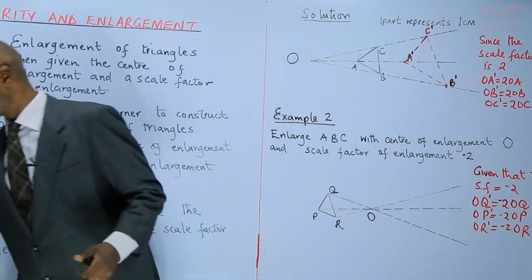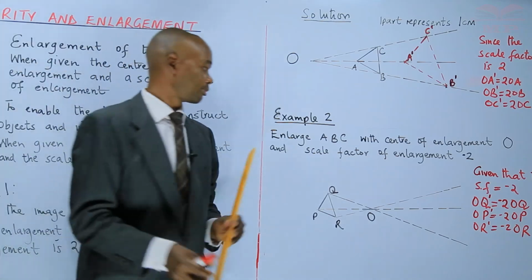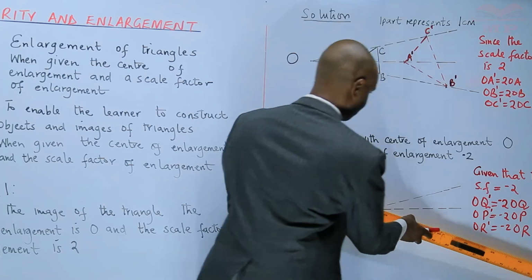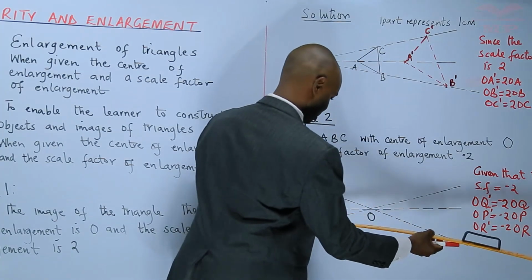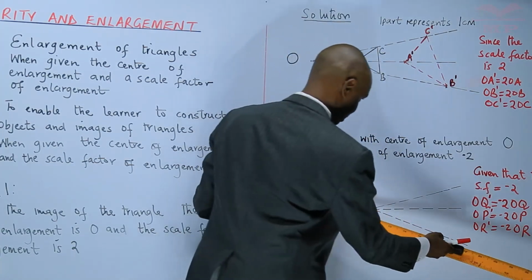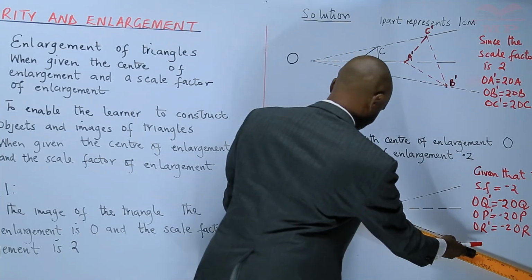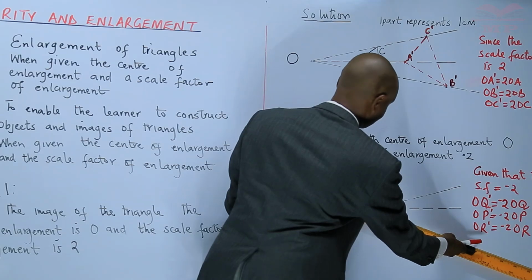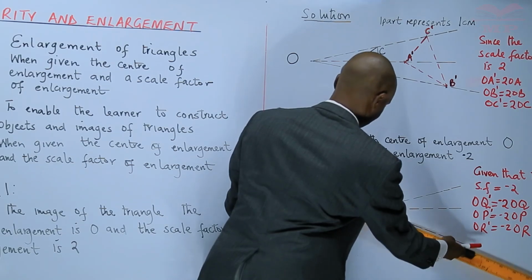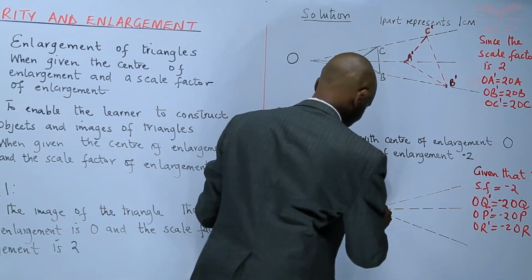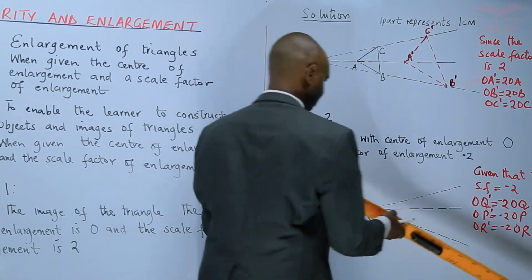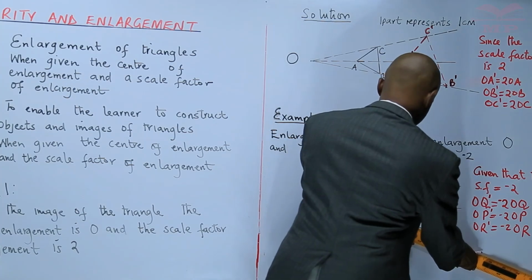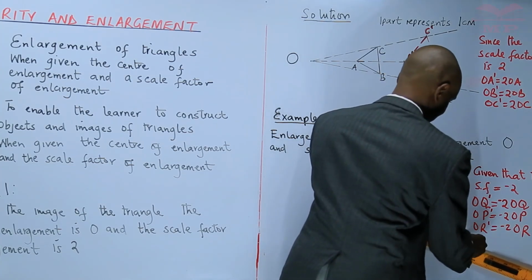So I go straight to locating my points. OQ, learner, and I start with OQ. OQ to the center of enlargement is 6.5. See here? So this will become 6.5. You double it, you'll get 13.